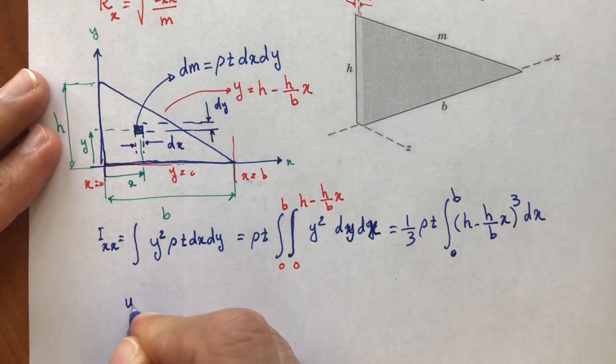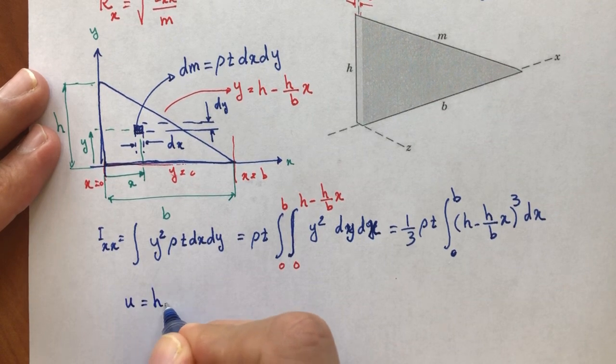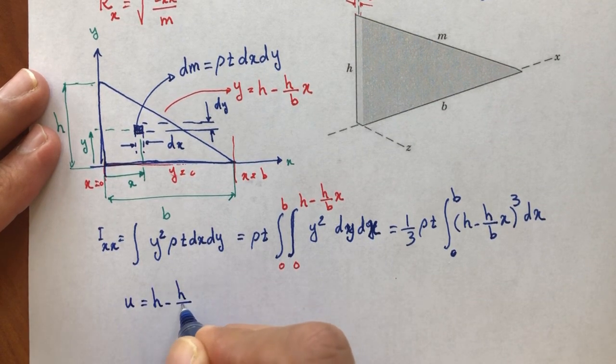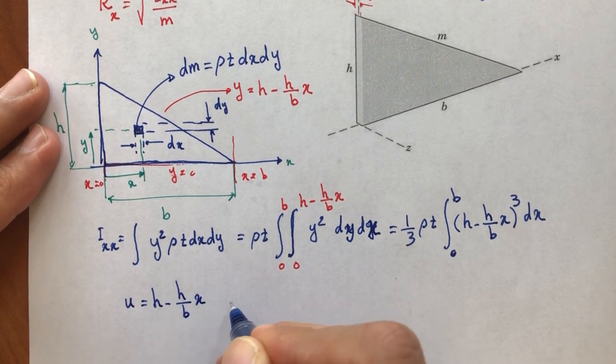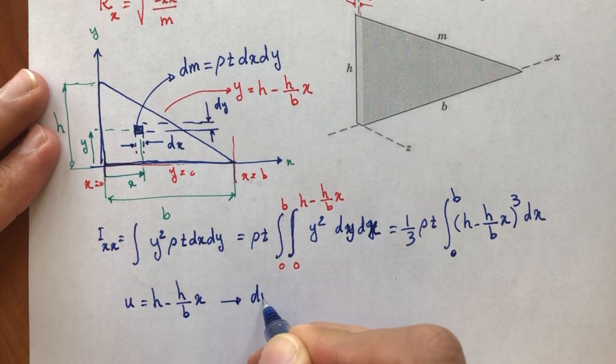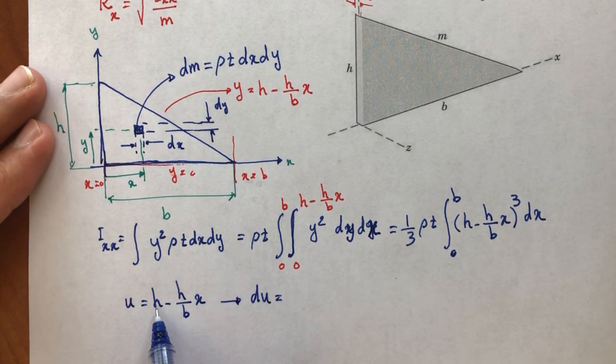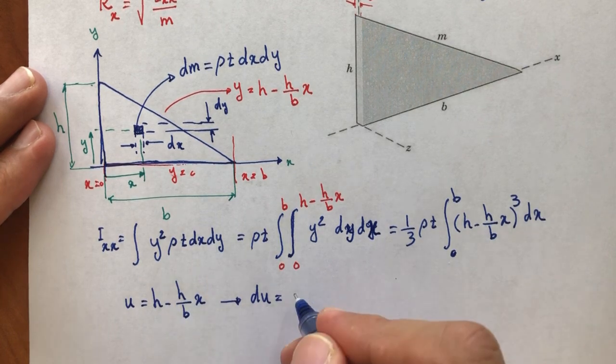So let's define u is equal to h minus h over b times x. Then du is going to be differentiation of h is 0. Differentiation of the rest of it is going to be negative h over b times dx.